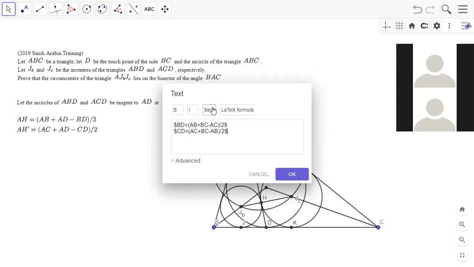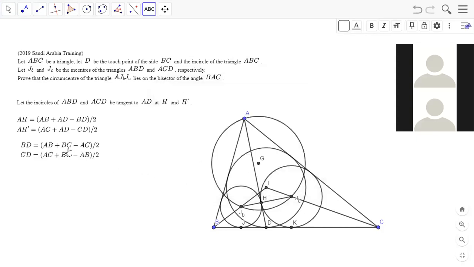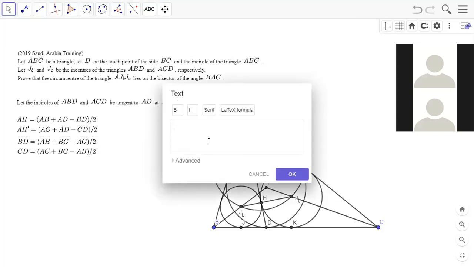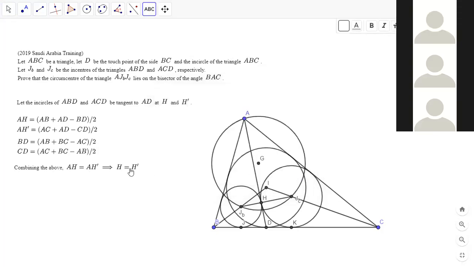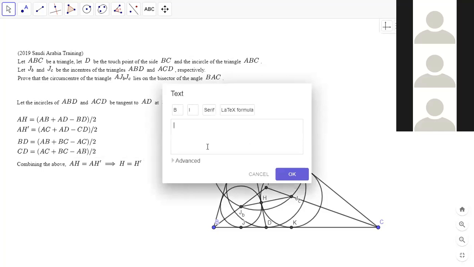So combining all that, H equals H prime. Okay. So then JB, H, and JC are collinear.